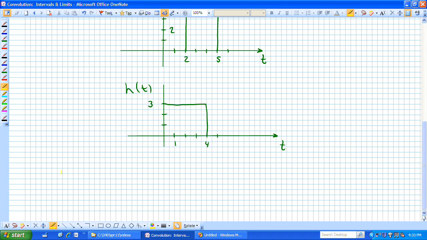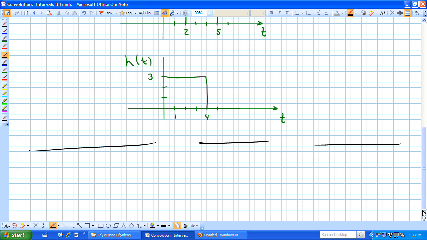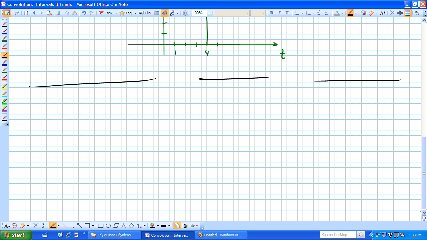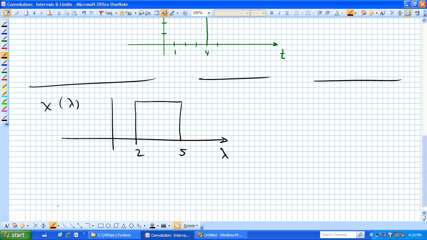In order to begin this process of determining the output y, we need to find x of t minus lambda. X of lambda, let me just draw pictures, is consistent with x of t, which I believe I had defined to have a magnitude of 4 over a time interval 2 to 5, and that's now lambda.